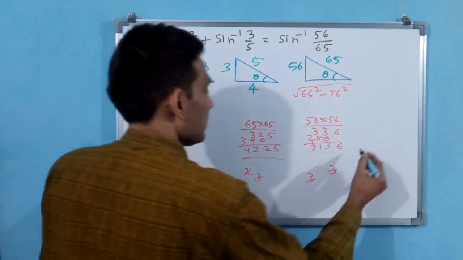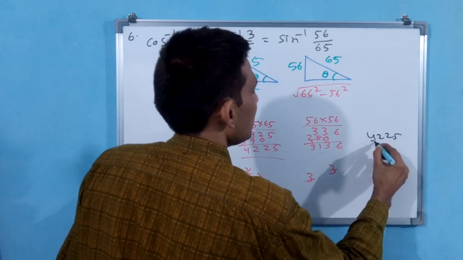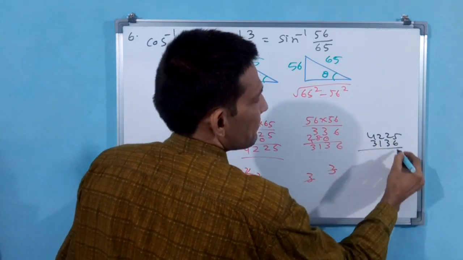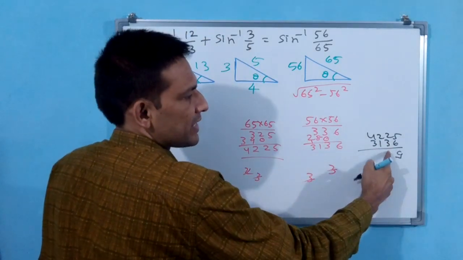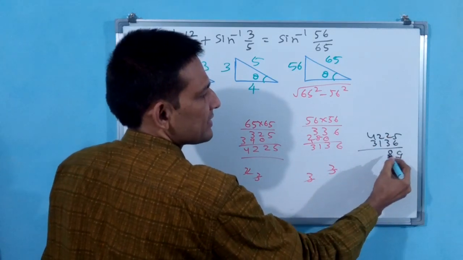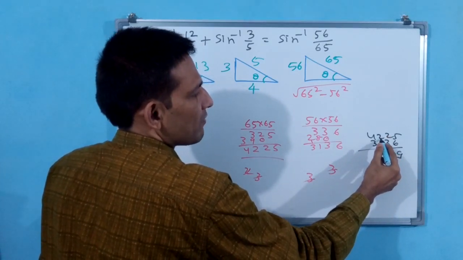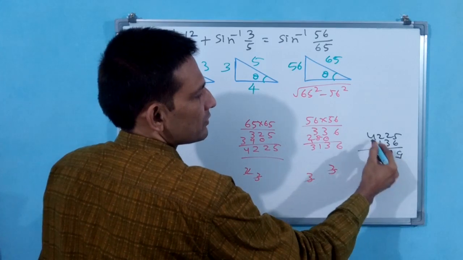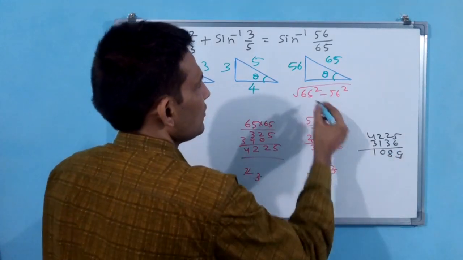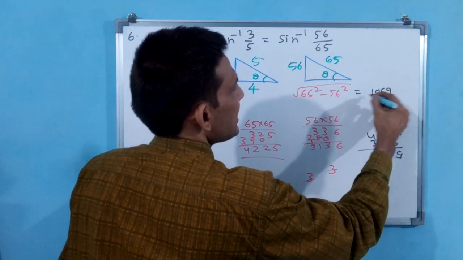That is how to do it. Okay. 42, 25 minus 31, 36. 15 minus 6, 9. 11 minus 3, 8. 3, 8. Then 1 will be there. 0, 1. 1089. You see, this is 1089 under root.